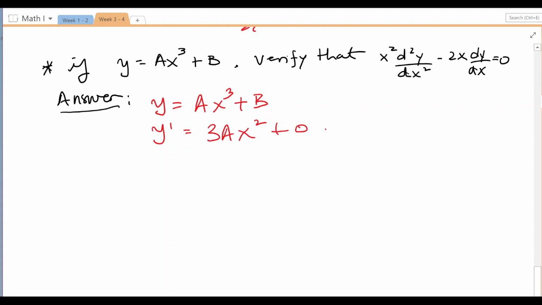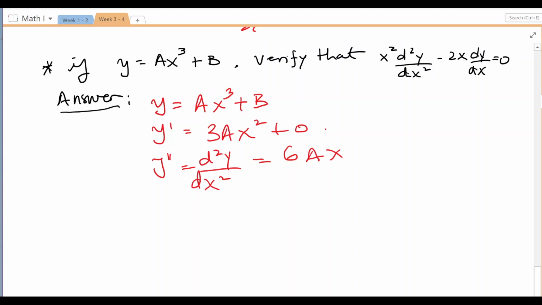The second derivative, d²y/dx², with respect to x, we got 6ax as the second derivative.